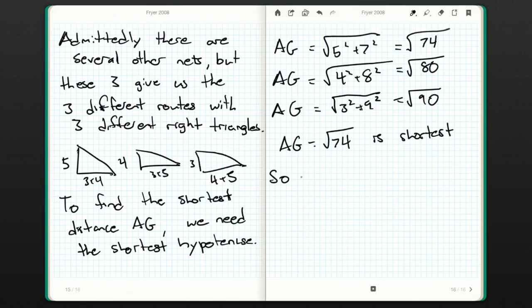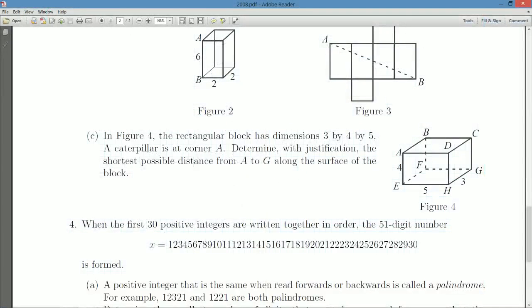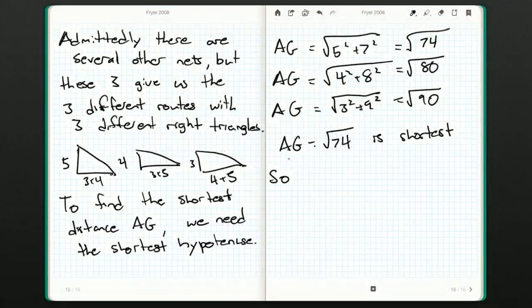So, let's just double check we weren't asked for anything else. What is the shortest possible distance from A to G? And determine with justification. We certainly did. So square root of 74.